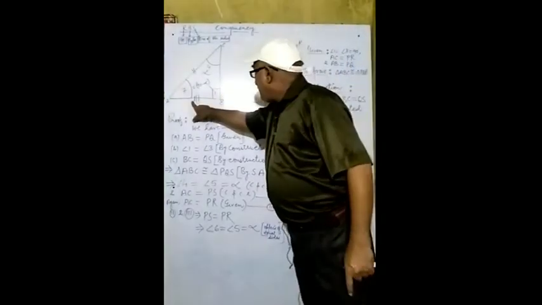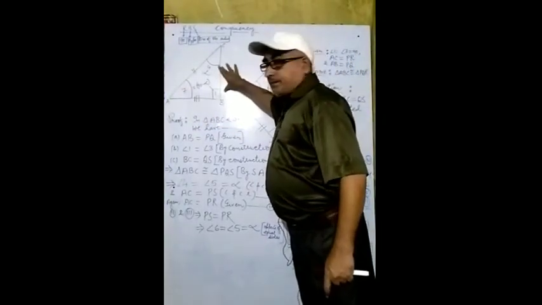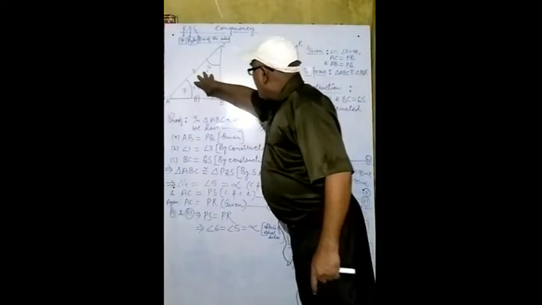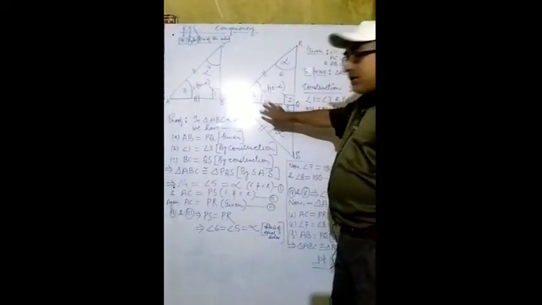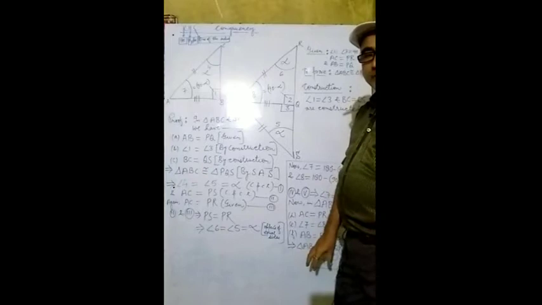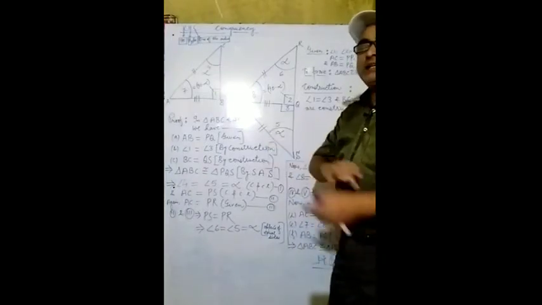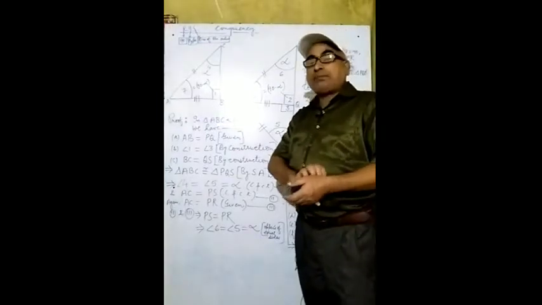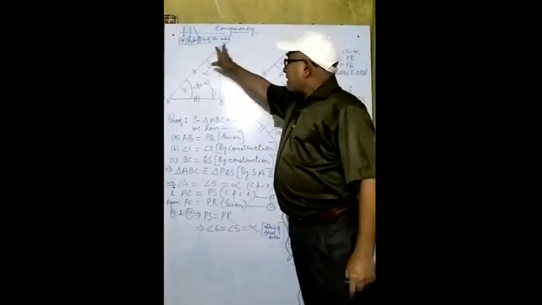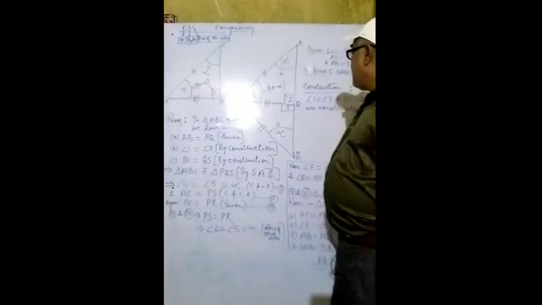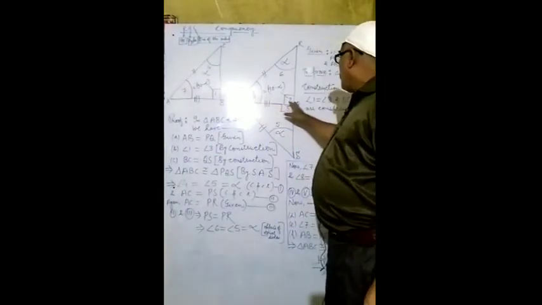By side angle side, this triangle is congruent to this triangle. Which property is adopted here? Side angle side criteria. On the basis of this, we have proved that triangle ABC is congruent to triangle PQS.